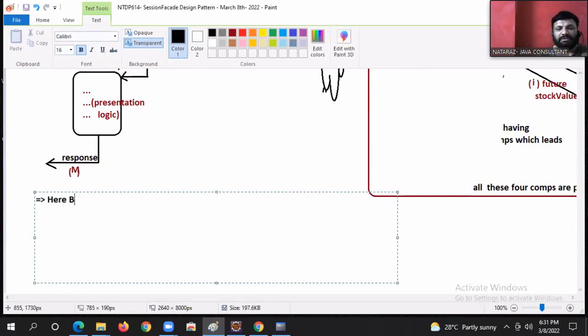Here, the business delegate interacts with the SessionFacade component only, having only 1 network round trip.